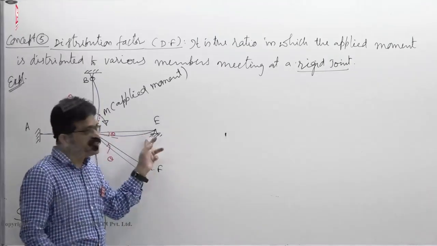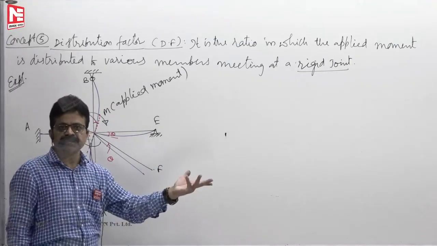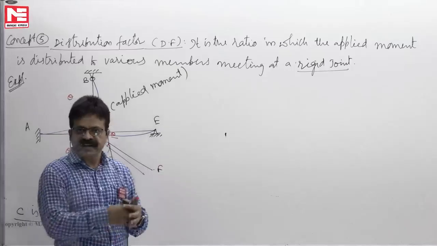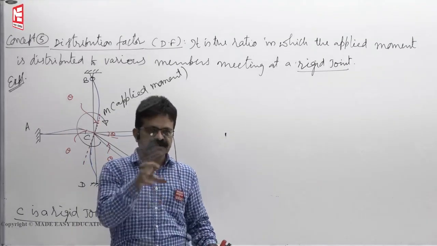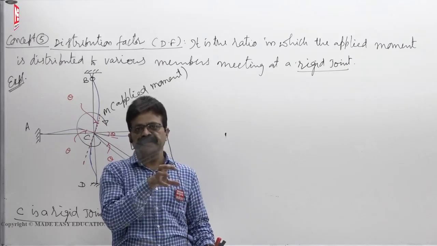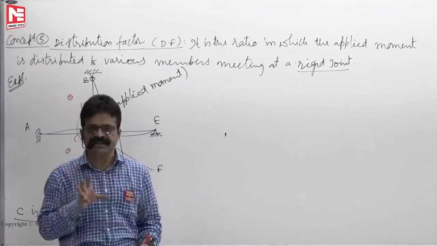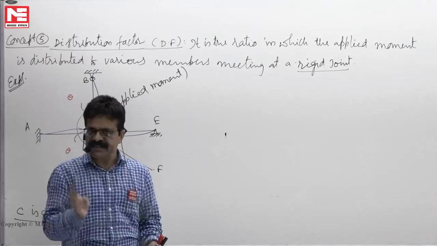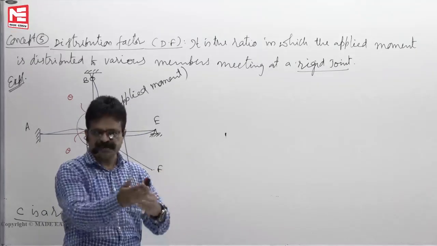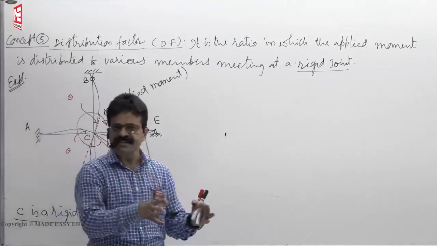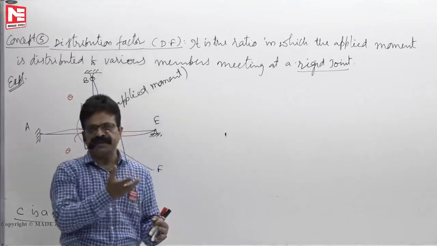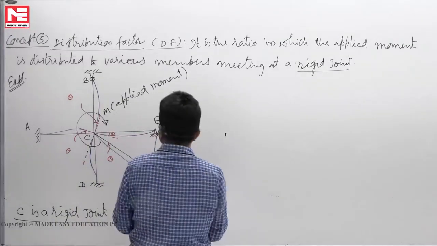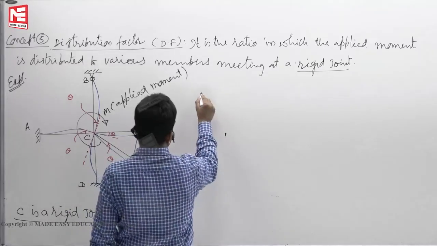Here, stiffness factor will decide who will take more moment, who will take less moment. If they are axially loaded, axial stiffness will tell us who will take more applied load, who will take less applied axial load. So the purpose of axial stiffness and flexural stiffness is that is it easy or difficult to translate or to rotate a member? Okay, so this is the thing.